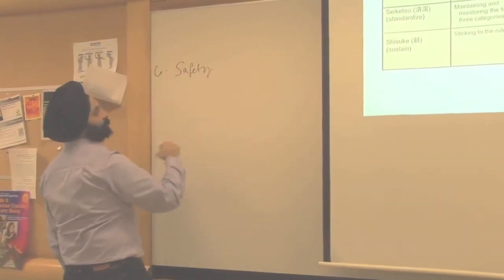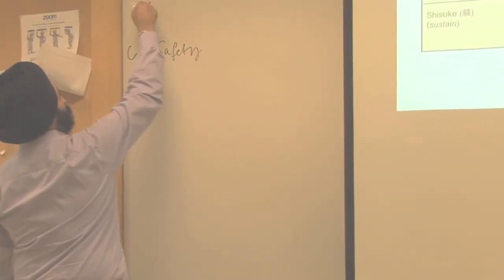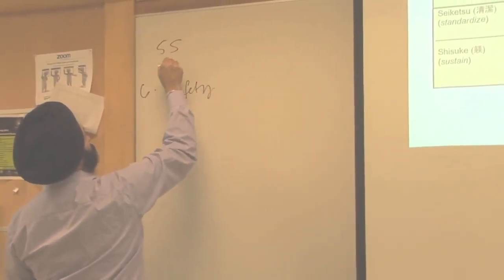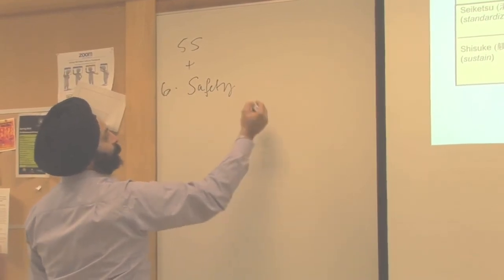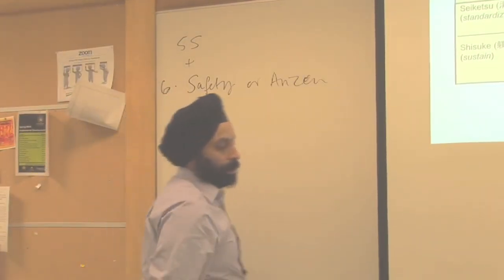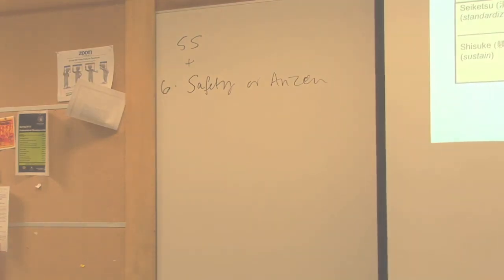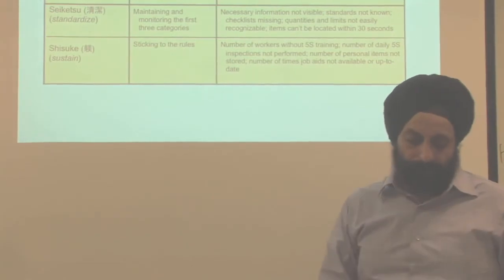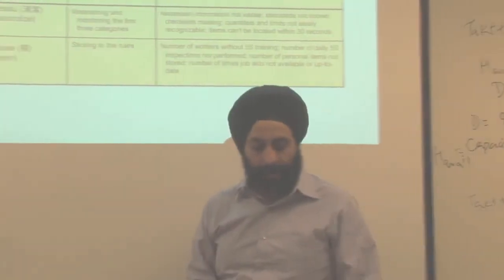So the 5 S's plus number 6 is safety, or anzen, as they call it in Japan, and that is basically workplace safety that needs to be done, and then finally support or maintenance, which is setsubi.